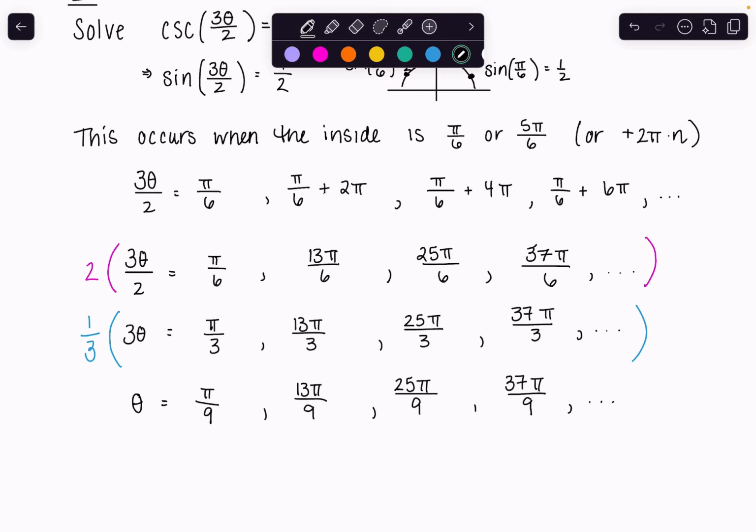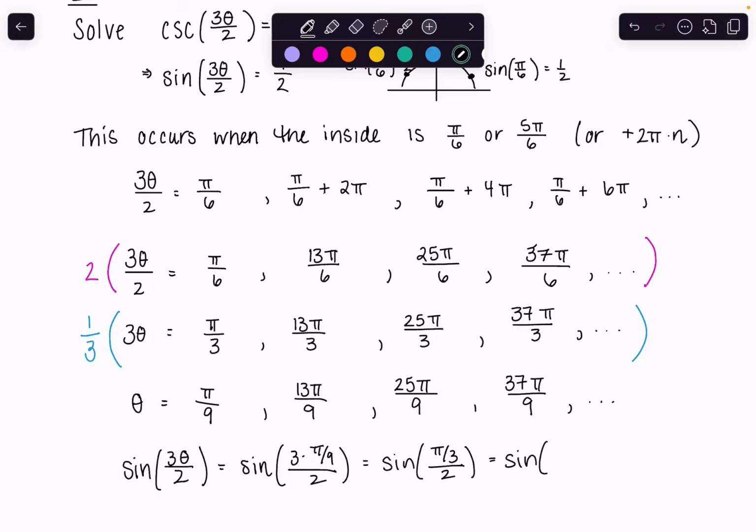So just to show you this is true, again, I'm saying sine of 3 theta over 2. If I plug in pi over 9, that would be sine of 3 times pi over 9 over 2. Well, pi over 9 times 3 gives you pi over 3 divided by 2.